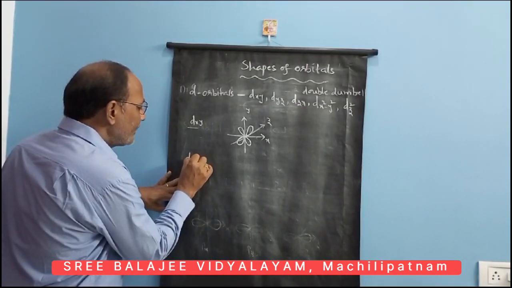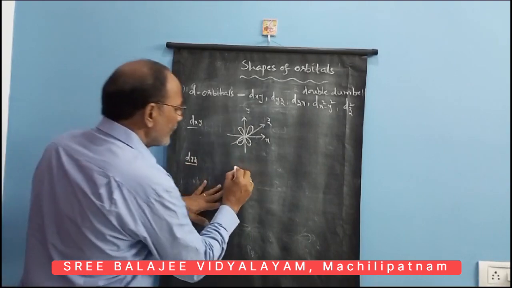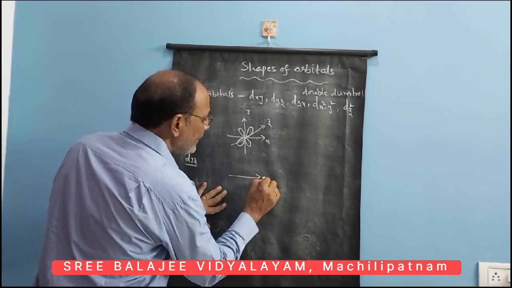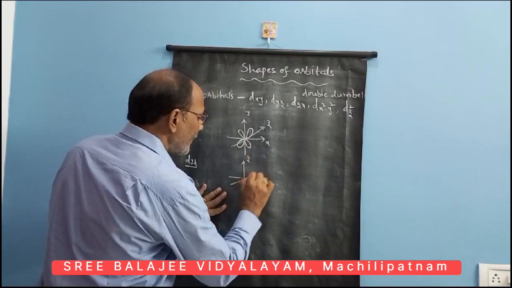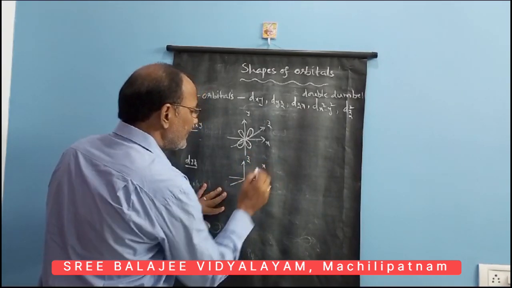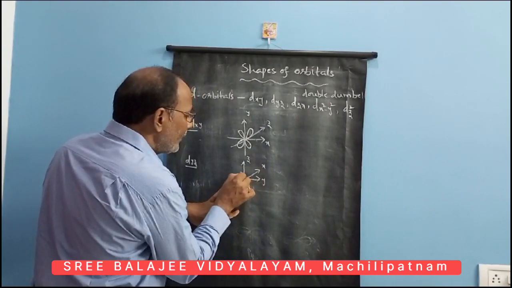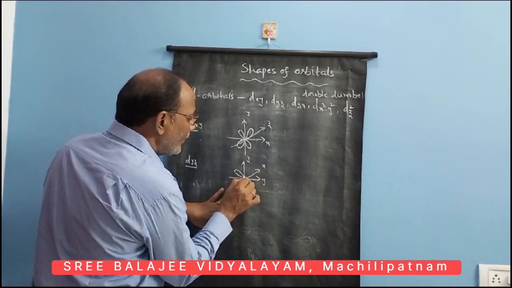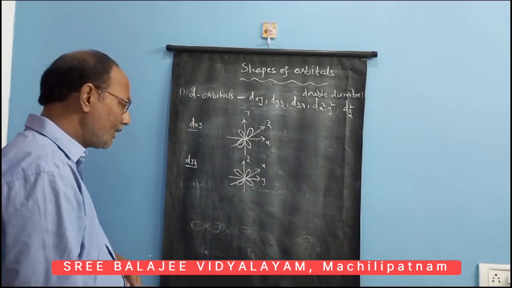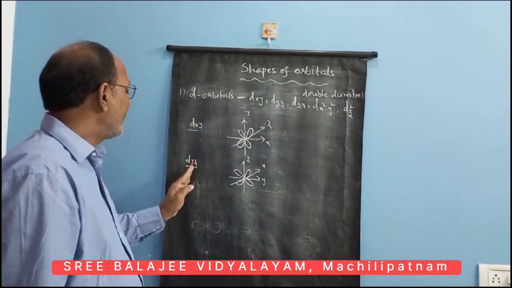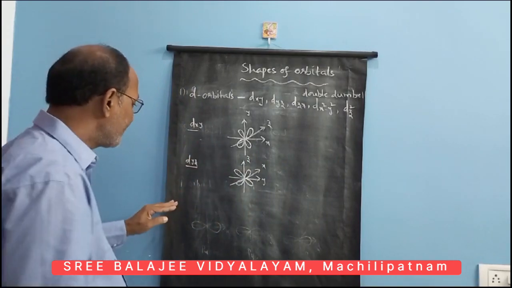Similarly dyz. Here is the y axis, this is the z axis, and here is the x axis. This time the two dumbbells are on the y and z axes like this.